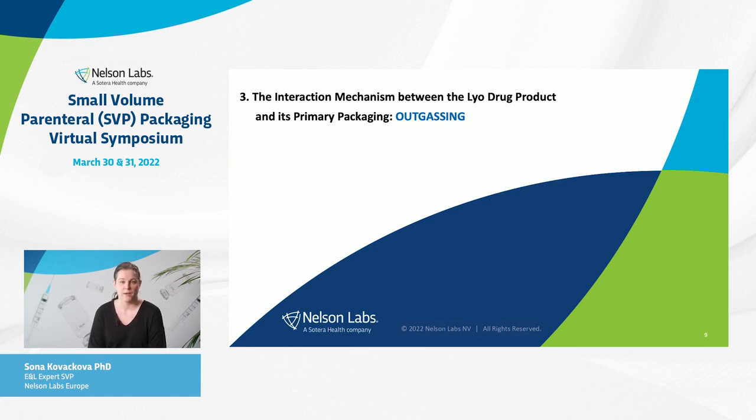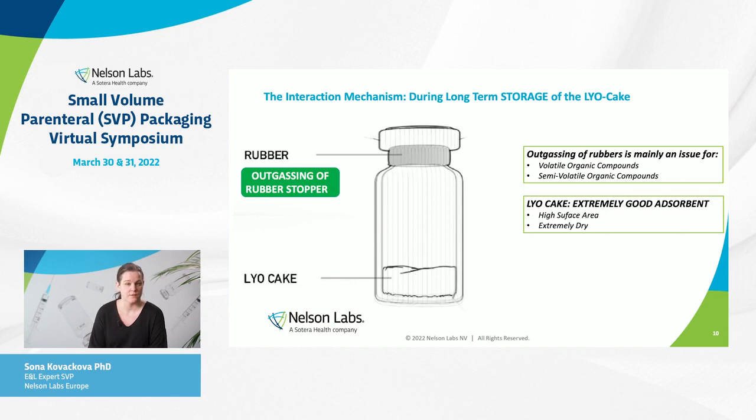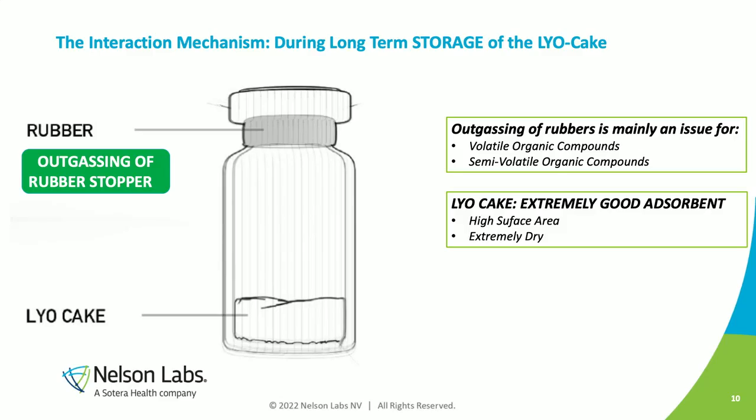In this part, we will take a look at the interaction mechanism between the lyo drug product and the primary packaging. Let's start with the most common misconception that exists in the E&L field on the lyophilized drug products, and that is that there is no or limited interaction between the lyophilized drug product and the primary packaging. As you can see here in this picture, the lyophilized drug product is stored in a glass vial with a rubber stopper.